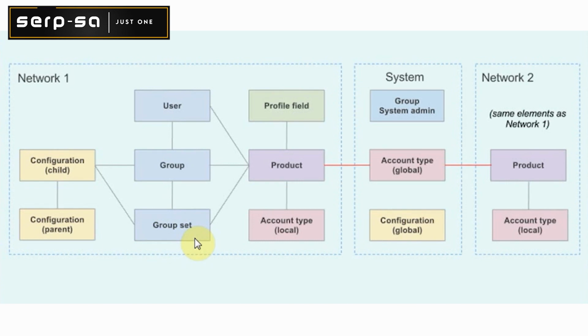So for example, we can have a group called gold members, a group called silver members, and a group called bronze members. Group sets can be, for example, Dutch members and English members. So you have one group set, Dutch members, containing Dutch gold members, Dutch silver members, and Dutch bronze members.